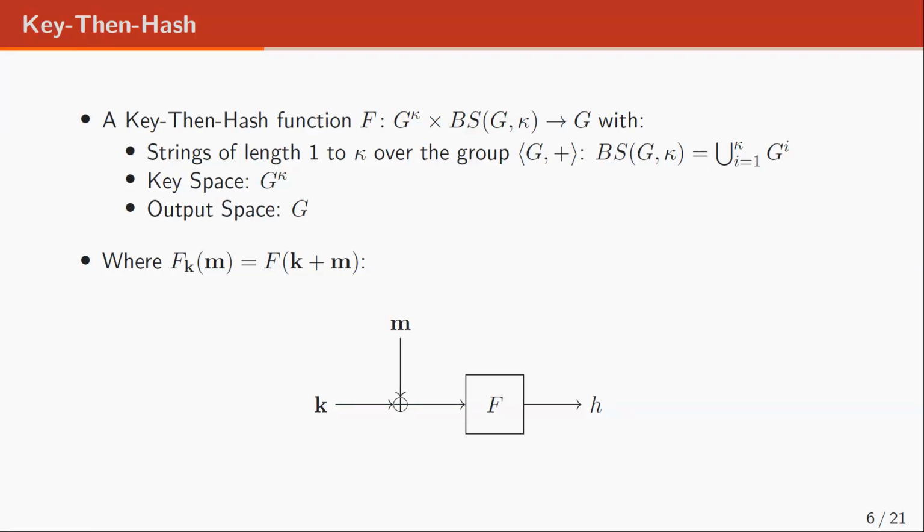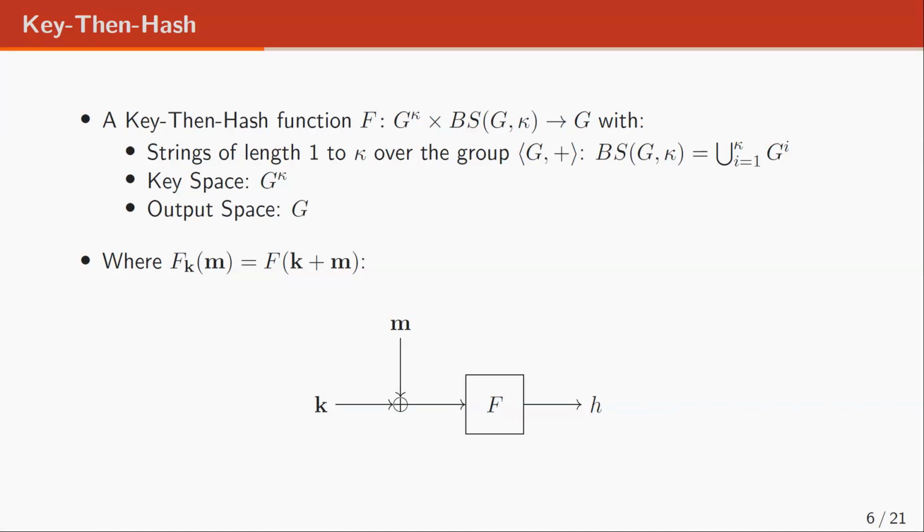The way we model our problem is that we introduce this class of keyed hash function that we call keyed sum hash, which work over a group G and take as input a key with max length kappa, and a message, which is a string over the group.